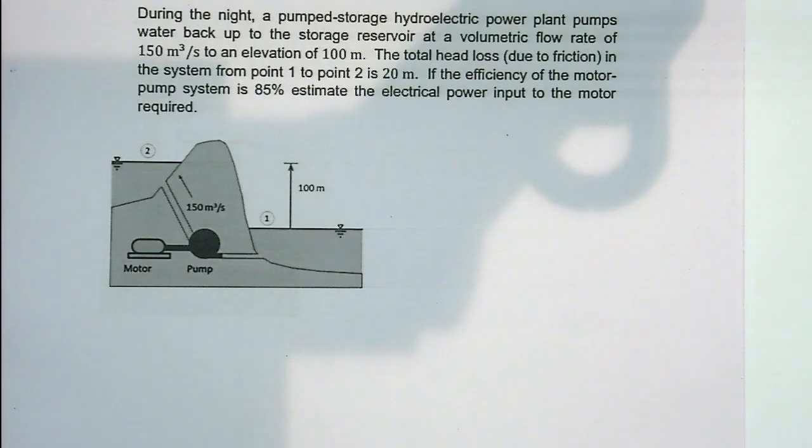It said that a pump moves water from the lower reservoir to the higher one, which means that the pump will provide the work to move the water to balance the height. It also said that it has the total head loss, which means it has head loss due to friction along the pipe.